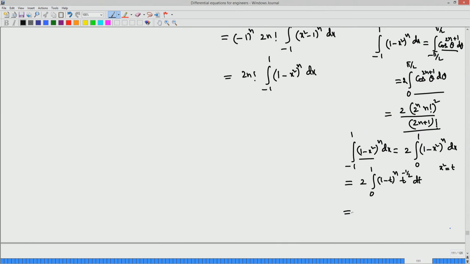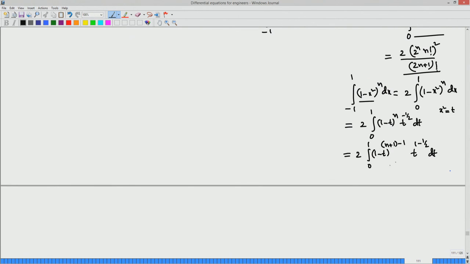So, you can write 2 times integral 0 to 1, 1 minus t power n plus 1 minus 1 as n, t power minus half as 1 minus half dt. This is exactly your beta function. So, this is 2 times beta of half and n plus 1. This is 2 times gamma half gamma n plus 1 divided by gamma n plus 1 plus half. If you use that formula, you get a similar thing.